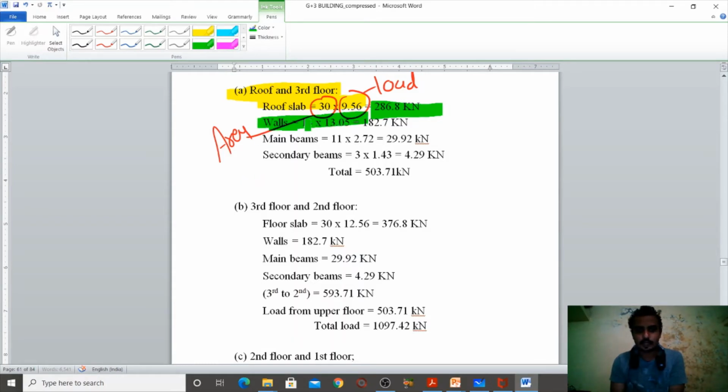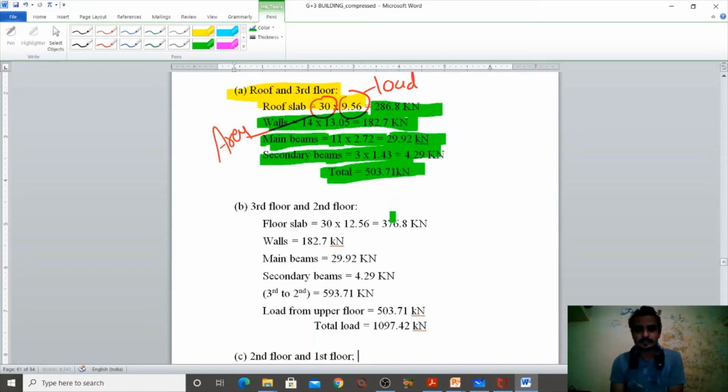Then the wall length 14 into 13.05 is the load. So the roof slab load is 182.7, main beam 11.272, wall 29.92 kilonewton, secondary beam 4.98, total load is 503.71 kilonewton.